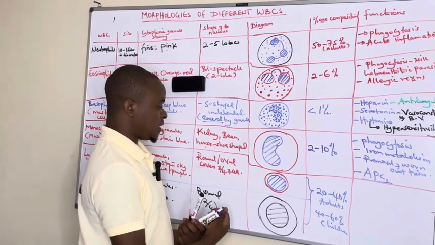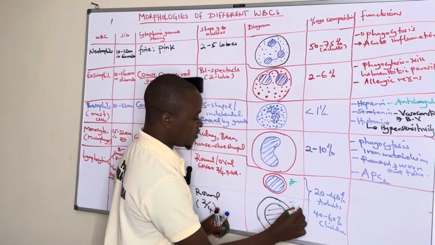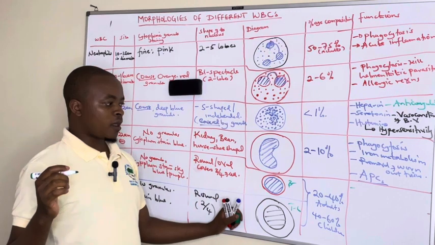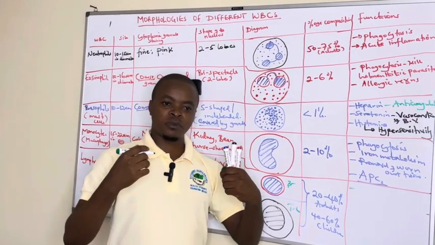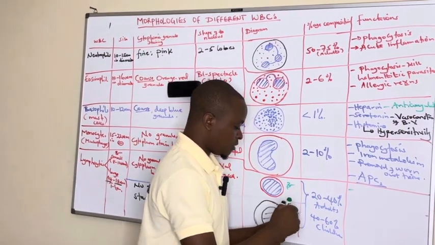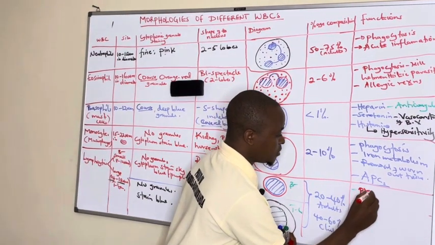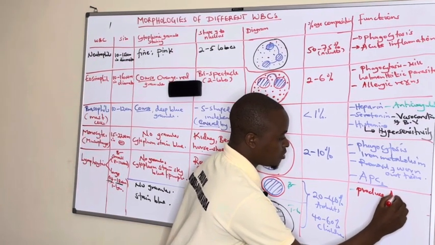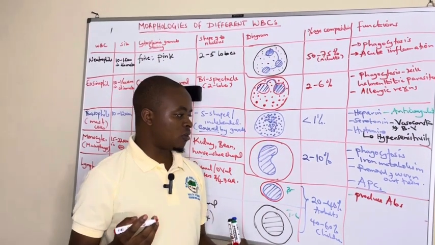And their major function is that this one we call B lymphocyte, and this one we call T lymphocyte. The B lymphocytes participate in what we call humoral immunity. When they are in the tissue, they develop into plasma cells, and these plasma cells produce what we call antibodies, or immunoglobulins, which provide humoral immunity.